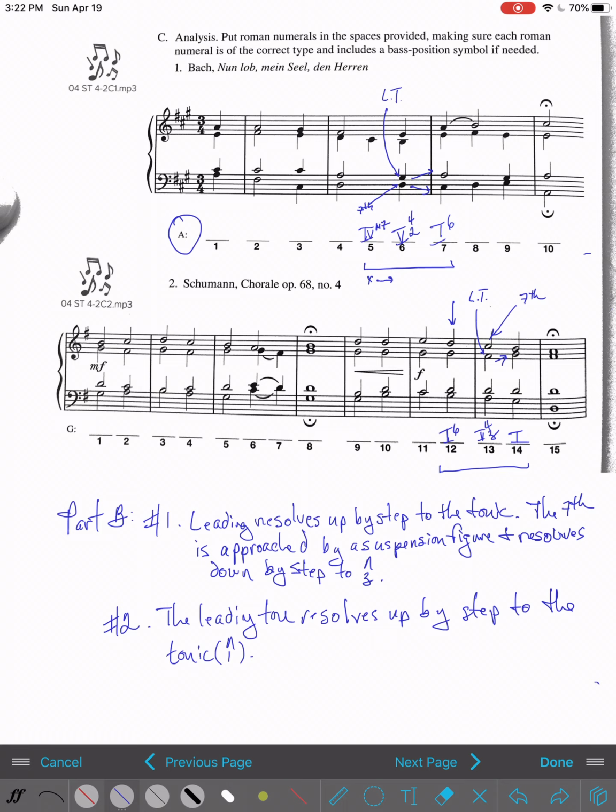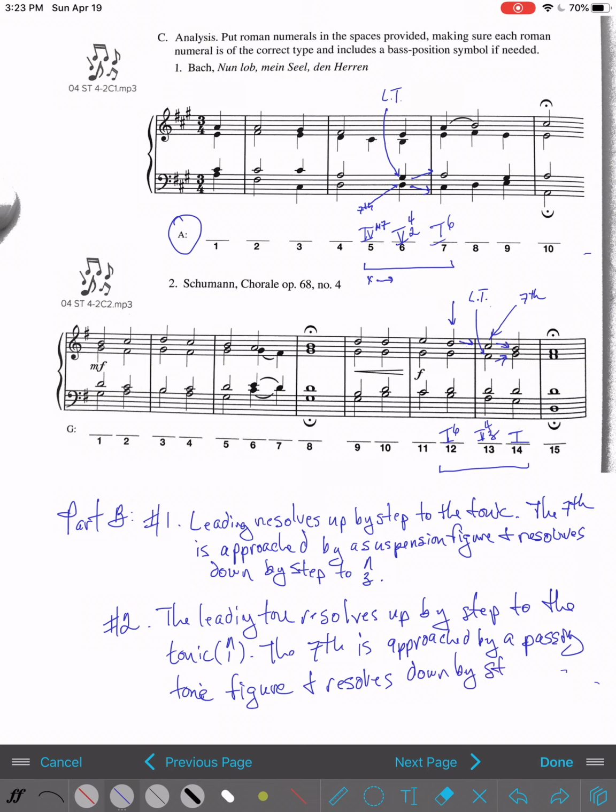If it's approached by step, as we can see here, and it's resolved by a step in the same direction, you would write something like: the 7th is approached by a passing tone figure and resolves down by step to scale degree 3.